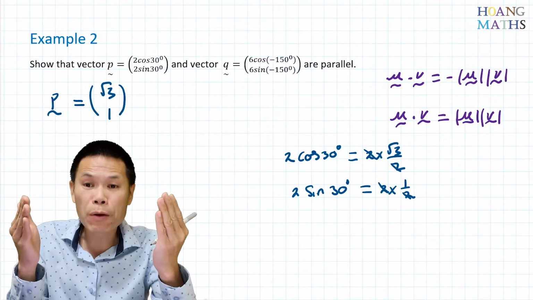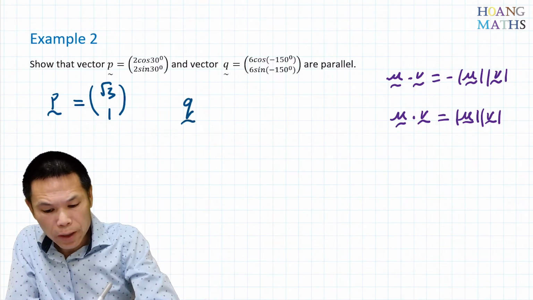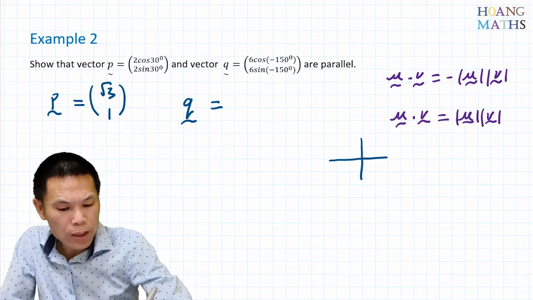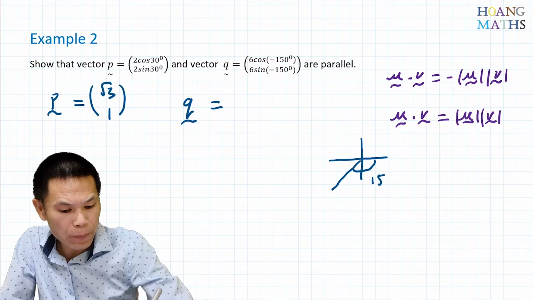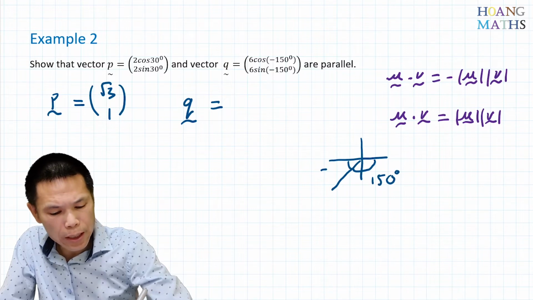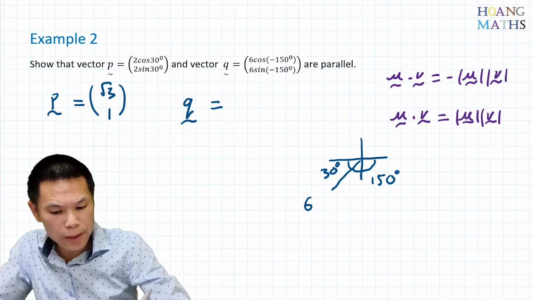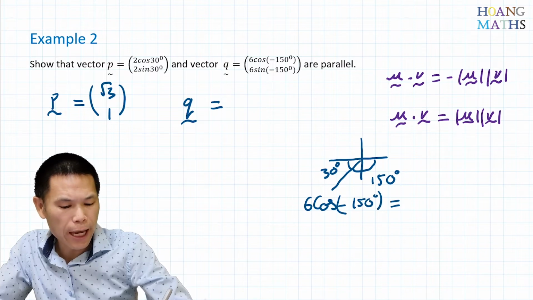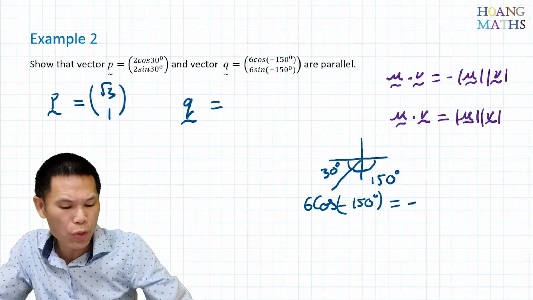So now let's simplify vector q. Let me just write q is equal to, so we know that negative 150, we start at 0 and go clockwise 150 degrees here, so this is 30 degrees. So 6 cos of negative 150 degrees is exactly the same as negative, because in this quadrant, cos and sine both are negative.